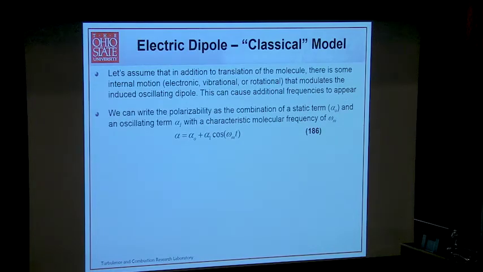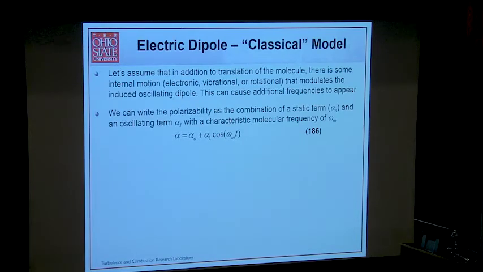In this way, we can write the polarizability as the combination of what's called a static term and an oscillating term that now has the modulation frequency in. Remember, alpha was a scalar. It's now whatever its original static term is, and then we write another term that has this additional modulation frequency.